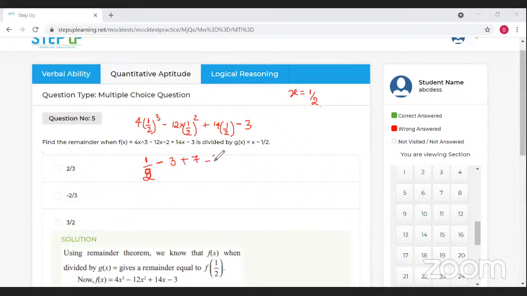Minus 3 is minus 6, plus 7 is plus 1. Plus 1 is equal to 3 by 2. Yes, the answer is 3 by 2. Okay, fine. Let's move to the next one then.